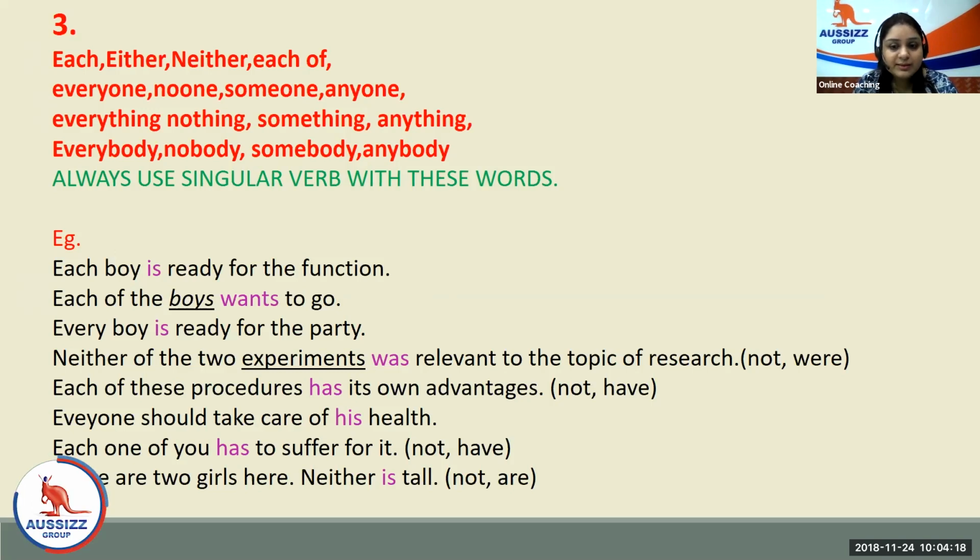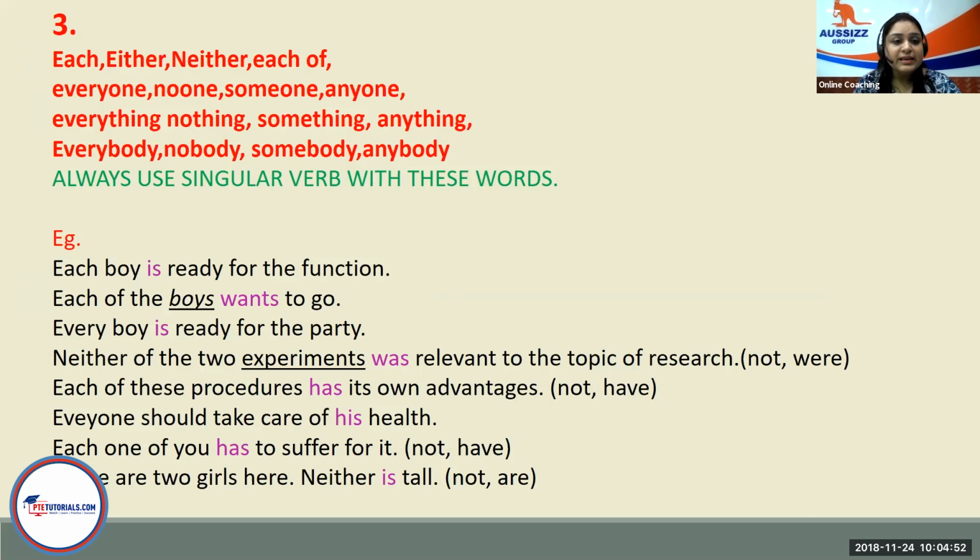So the rule is, if you use such pronouns, and you are allowed to use them in your examples also, because you have to take your examples in generalized form, always use singular verb with these words, because uncountability always takes singular verb. If you don't know how many persons are there, how can you make it plural?